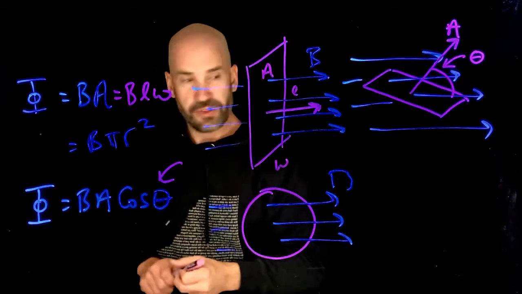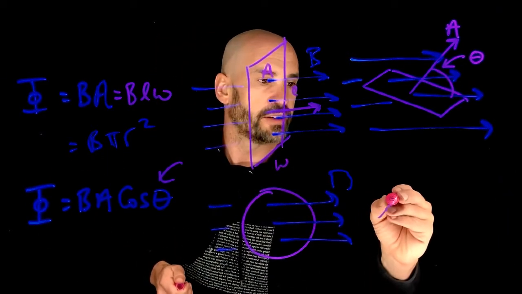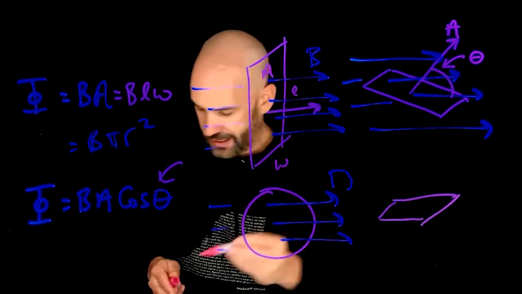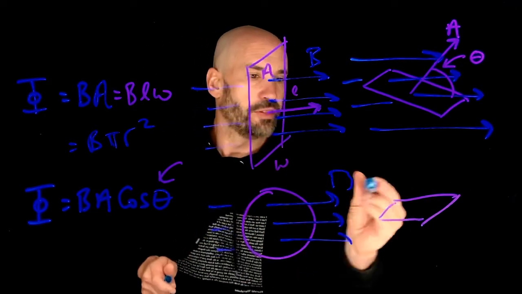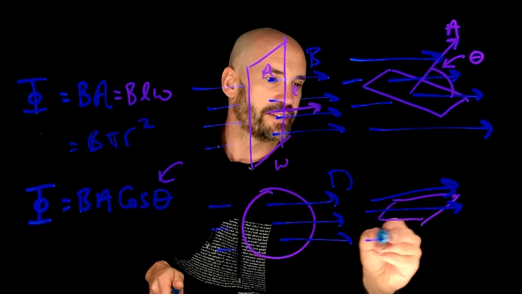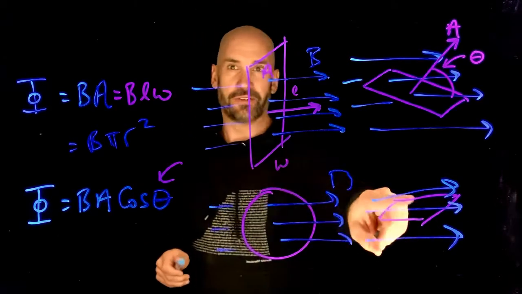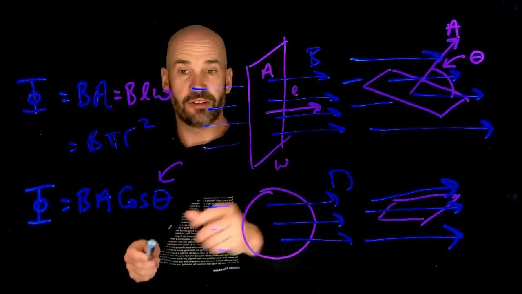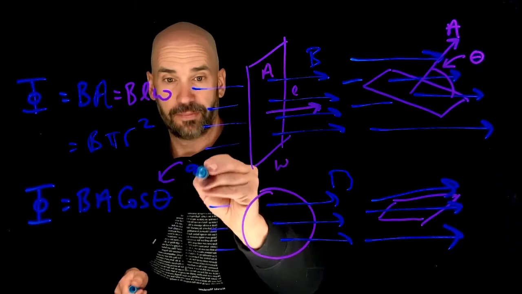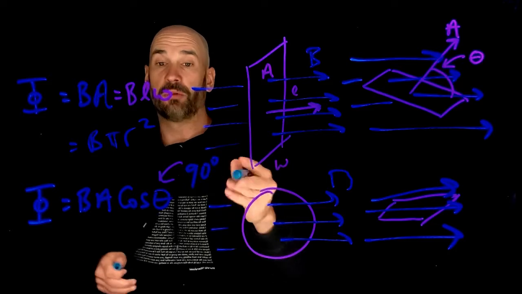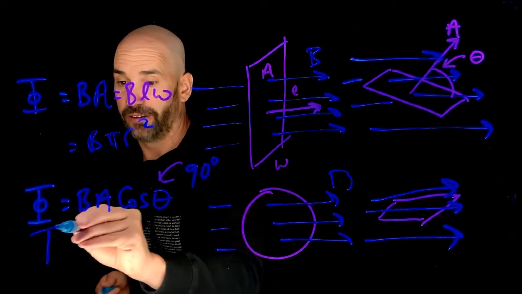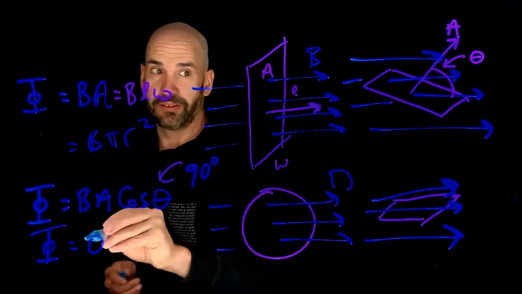All the way to the point where this is lying flat on the surface like this, and the B field just slides right past it. It never penetrates the surface whatsoever. In that case you have 90 degrees, cosine of 90 is 0, and the flux would just be 0.